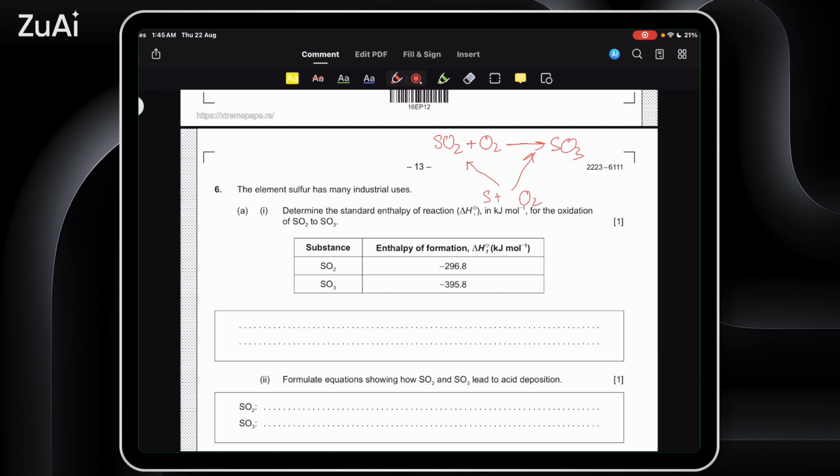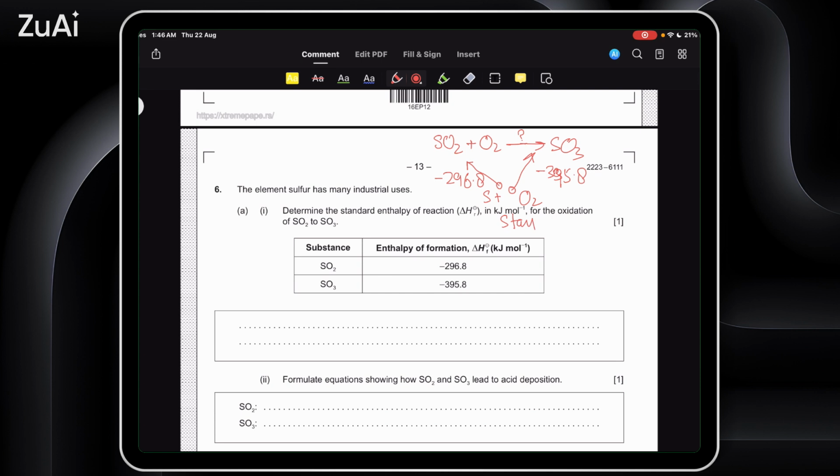So we have to find this. For formation of sulfur dioxide, negative 296.8. Formation of sulfur trioxide, negative 395.8.